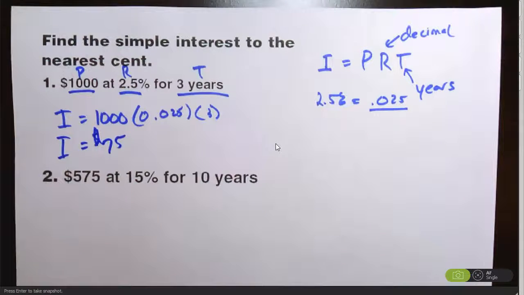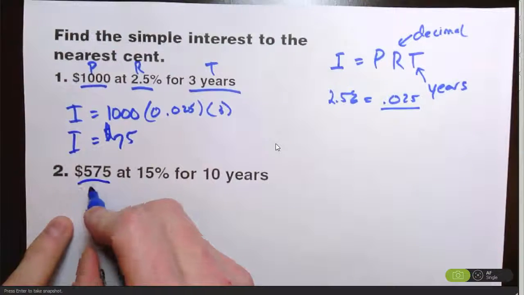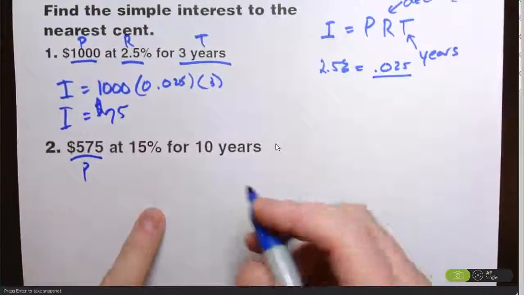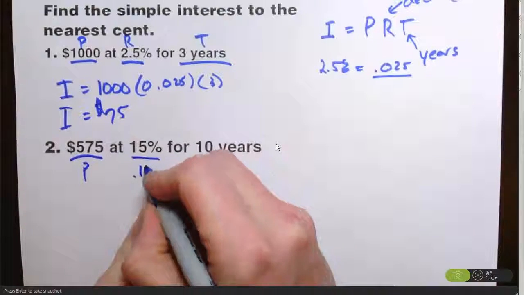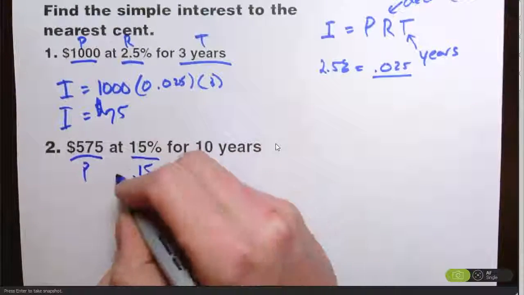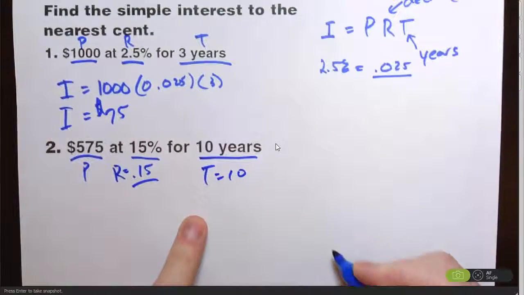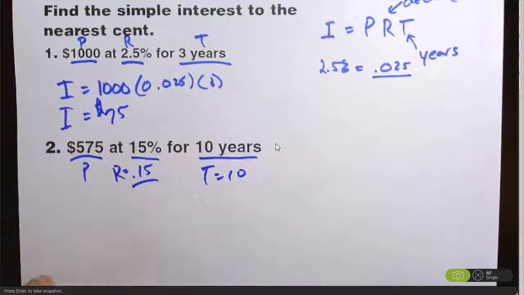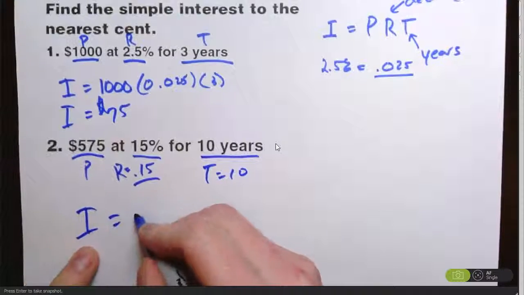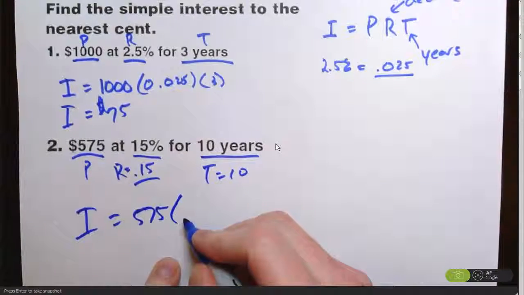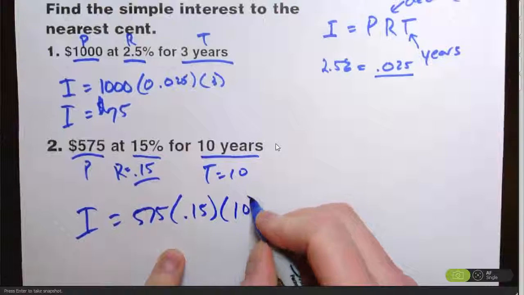Now number 2 is the exact same problem, but this time we have a principal amount of $575. Our interest rate is going to be 0.15 as a decimal, and then our time is going to be 10 years. So interest equals $575 times 0.15 times 10.